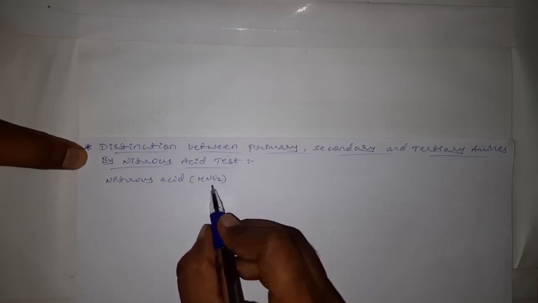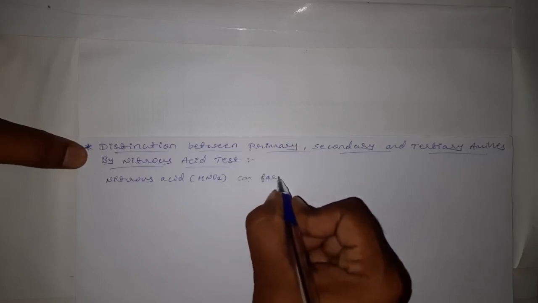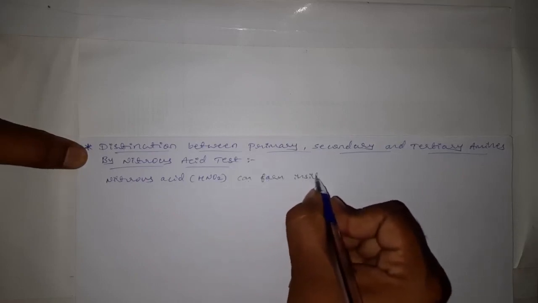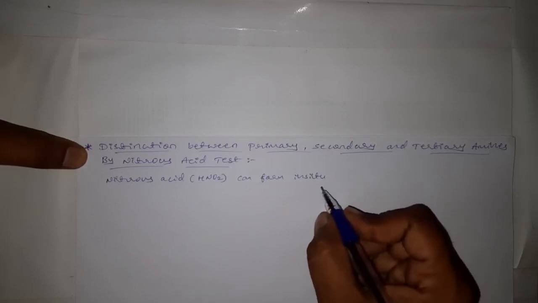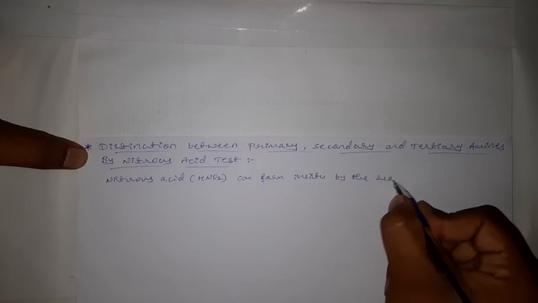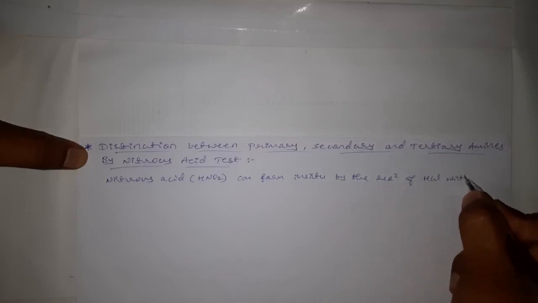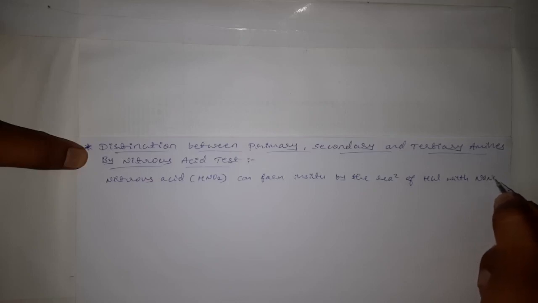HNO2 is the formula for nitrous acid. It can form in situ, meaning during the reaction course only, by the reaction of HCl with sodium nitrite, that is NaNO2.